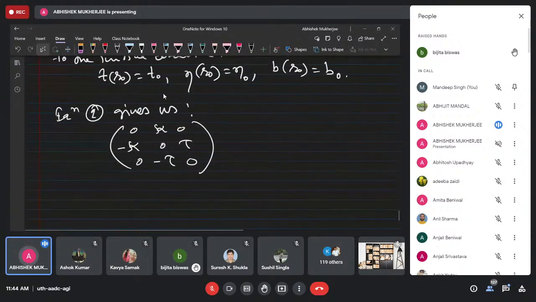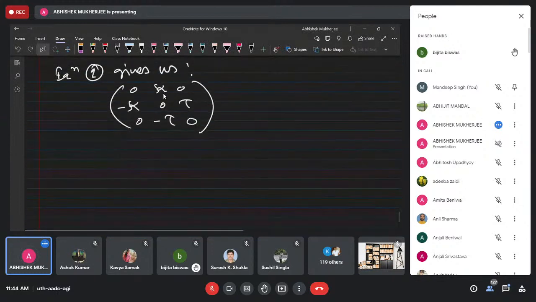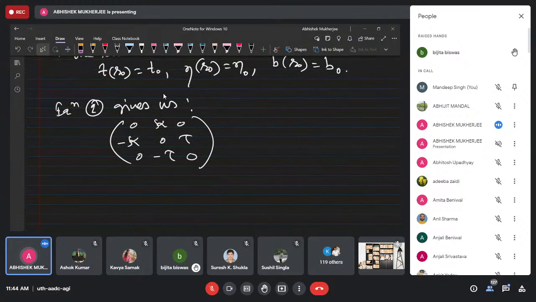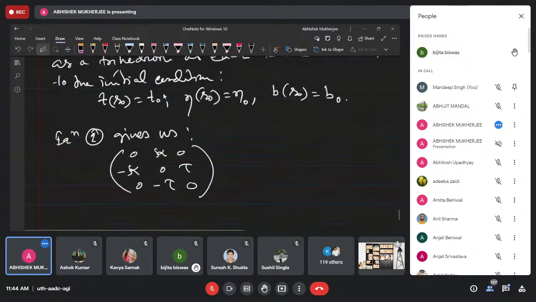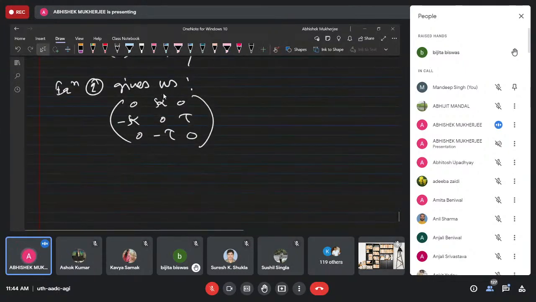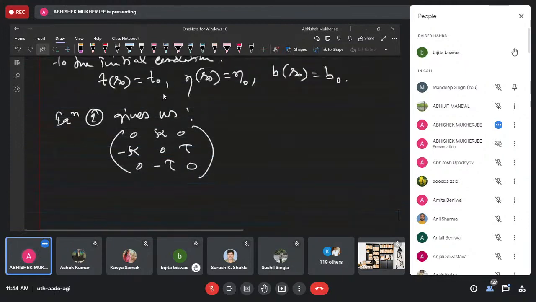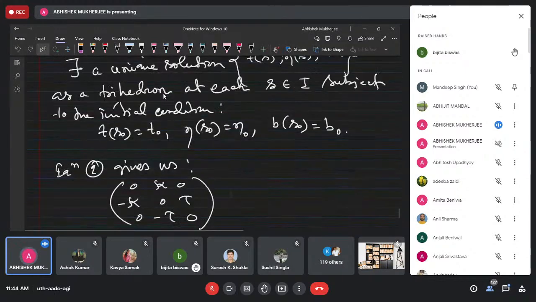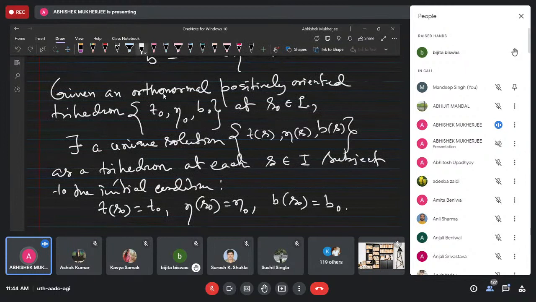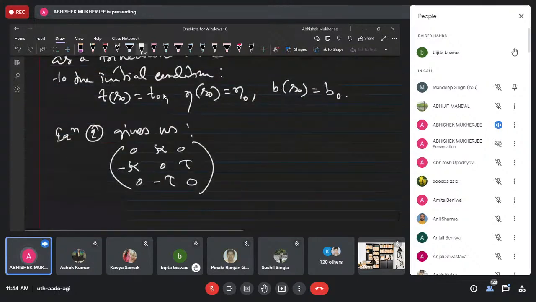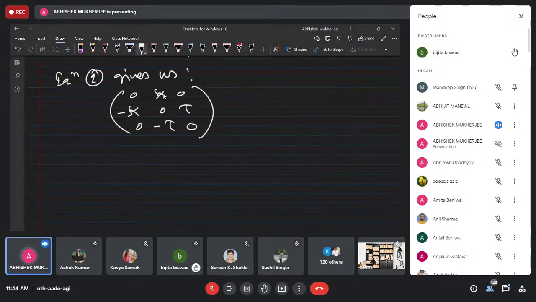And then you can consider a problem here. With the help of this, you can say that this will be an orthonormal set of vectors. Yeah, these are okay. And the problem, I can write down the problem.